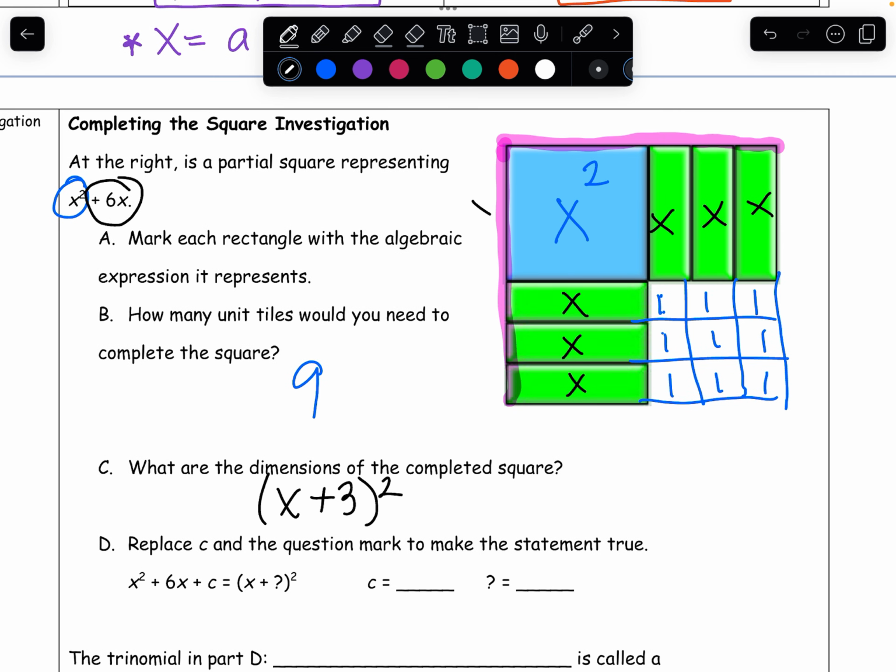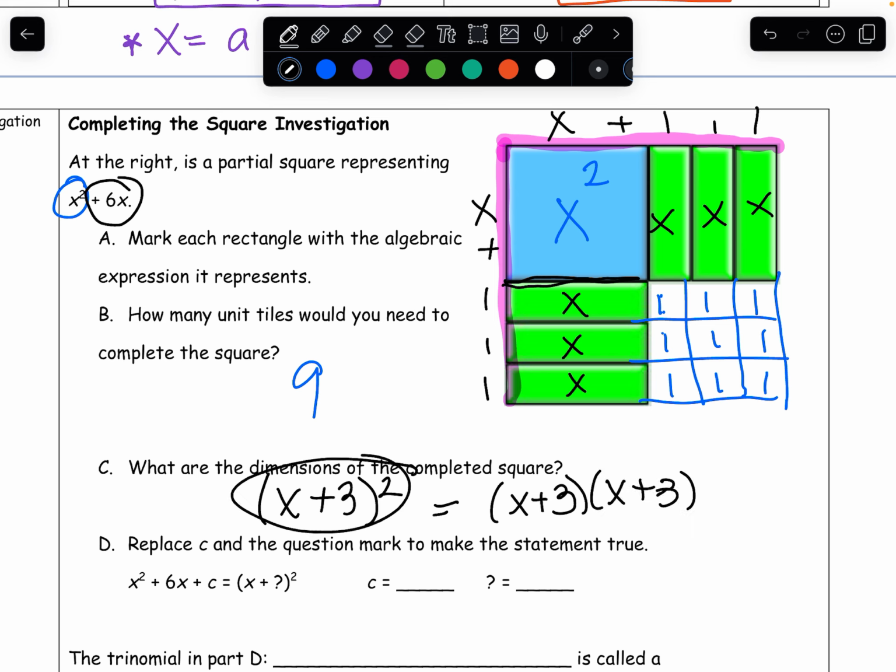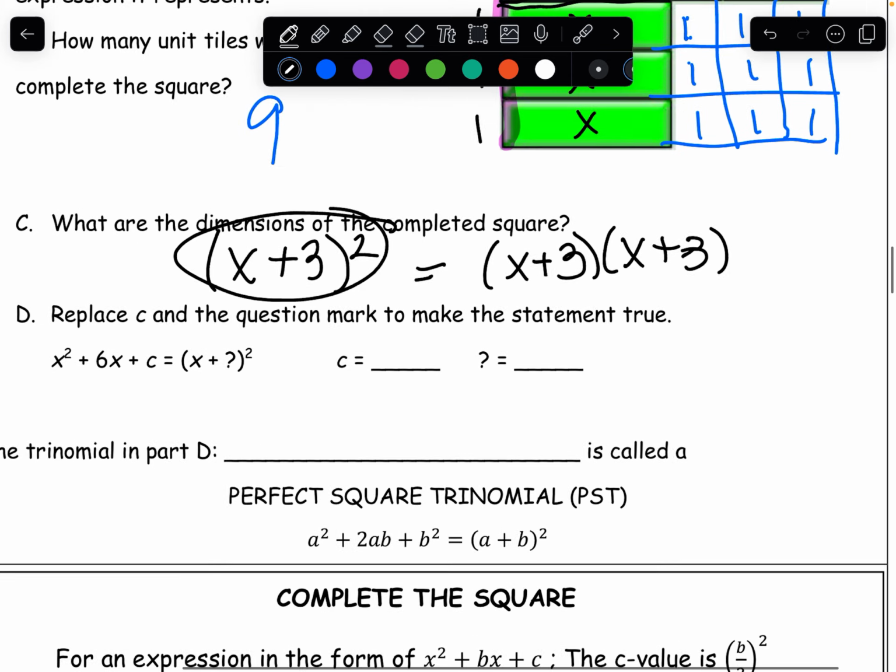Well, where that's coming from is that this is an x by x. That's how we get x squared. Well, if this is x, x times what equals x? 1. And so when I add that all up, that's how I get x plus 3. So my dimensions are x plus 3 times x plus 3, which is the same thing as x plus 3 squared.